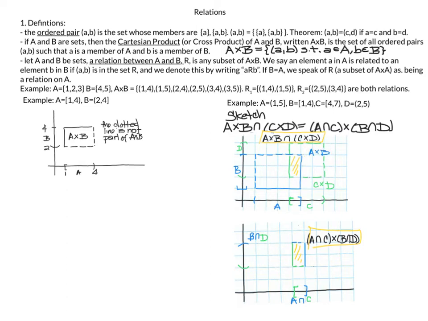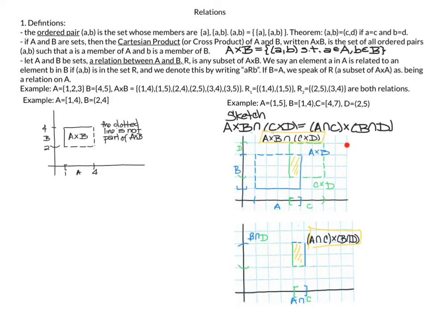Next I have C cross D. Here I have C going from 4 to 7, and D going from 2 to 5, and the only line that isn't dotted is x equals 4. So in this green box, I have C cross D. Now the intersection is this yellow region here, where the top and bottom are dotted and the sides are solid.